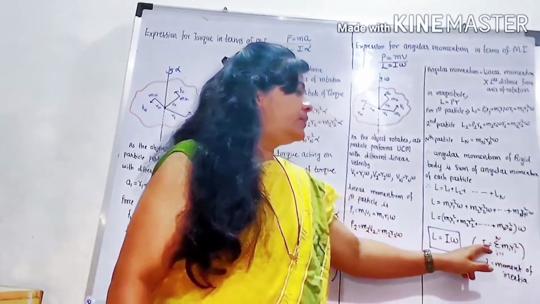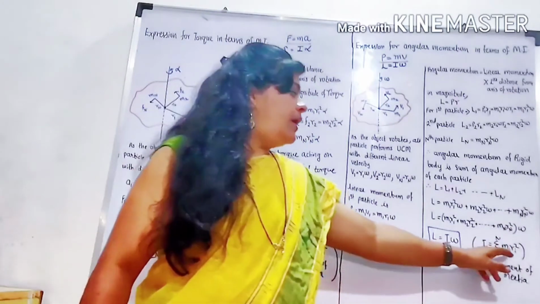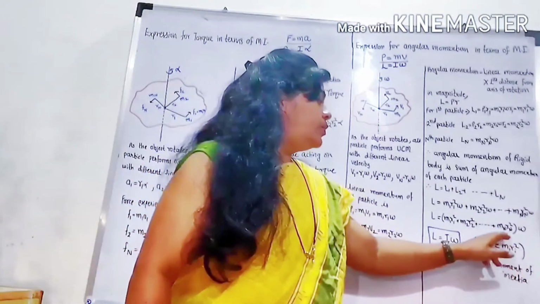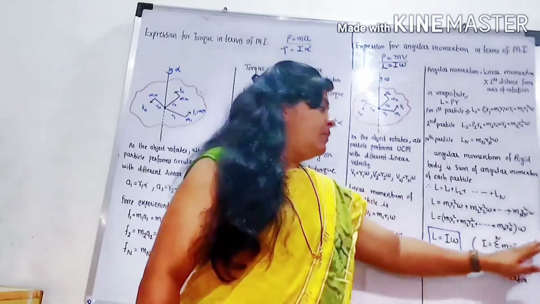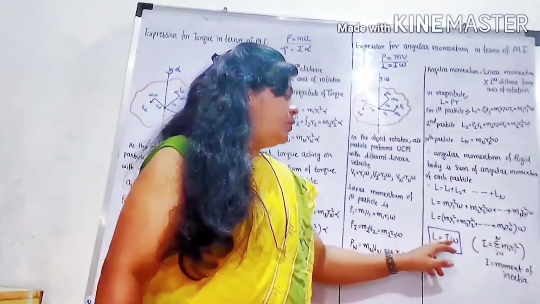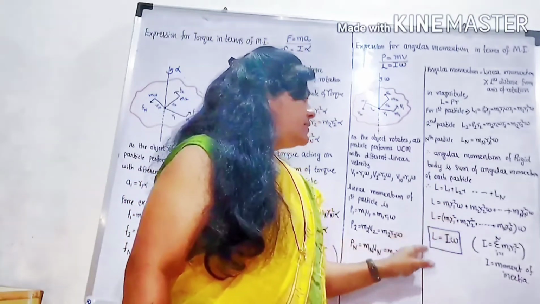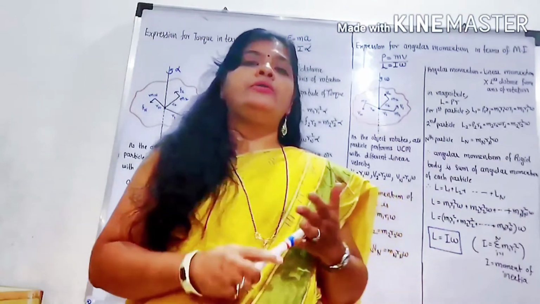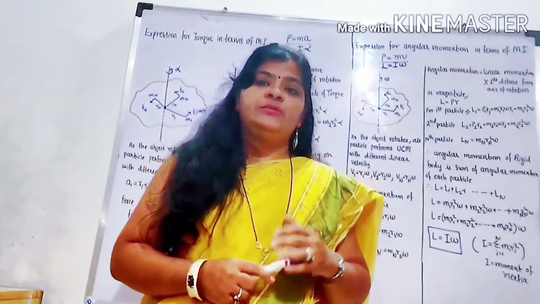This is nothing but the summation of mi ri square, i equal to 1 to n, which is the moment of inertia from the definition. Substituting, L is equal to I omega. And this is our desired formula for the angular momentum of a rigid body.